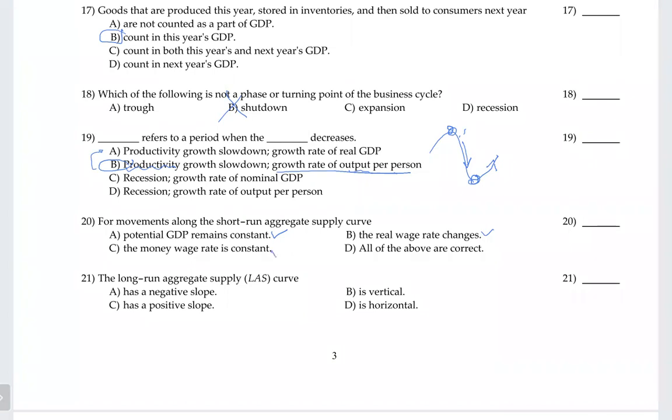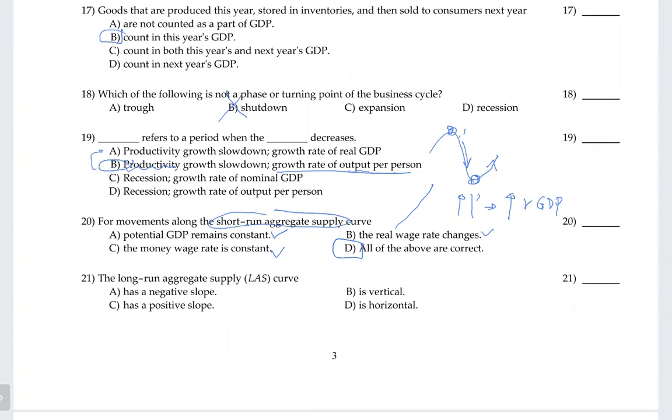That's also correct. So the answer is D. Here you may want to review what causes the short-run aggregate supply curve to slope upward. Higher price leads to higher real GDP, or higher aggregate supply.